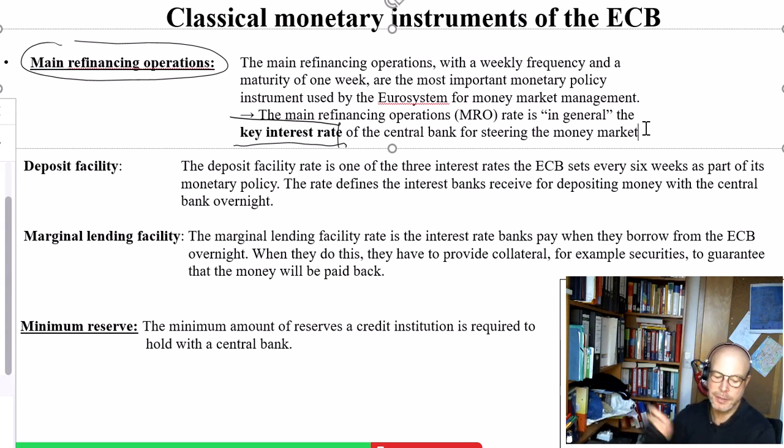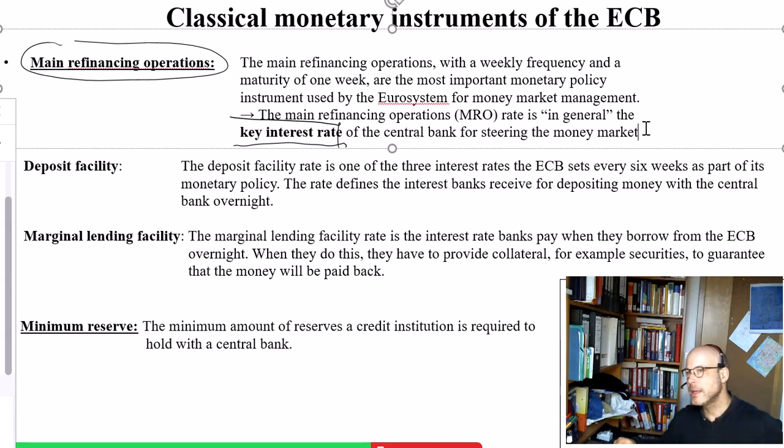But of course, economy is volatile, and therefore it could be the case that the commercial bank has more money still in their deposits, and they don't know what they should do.